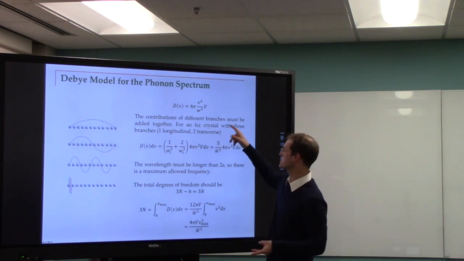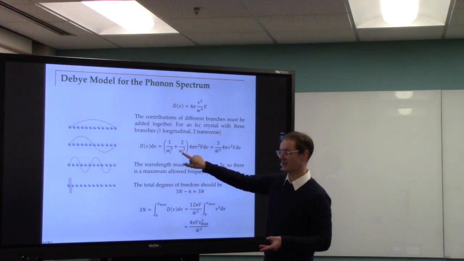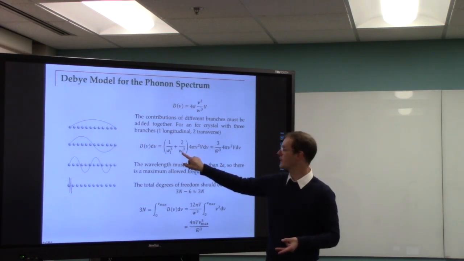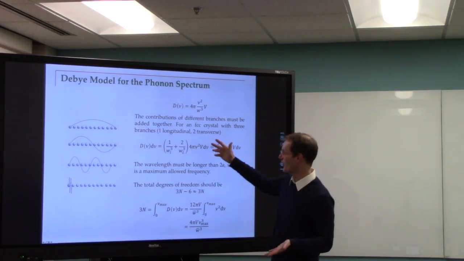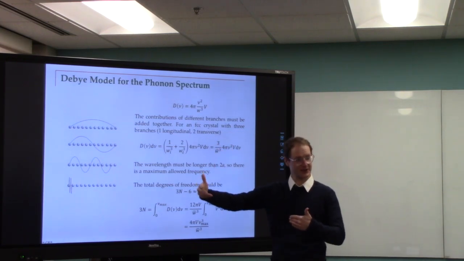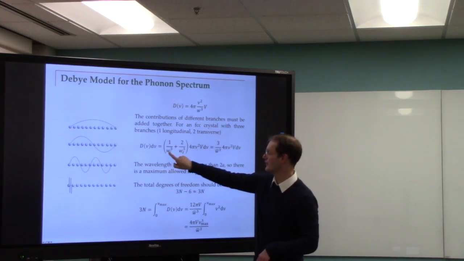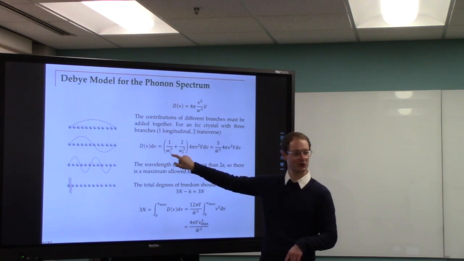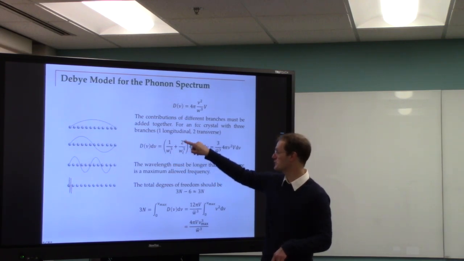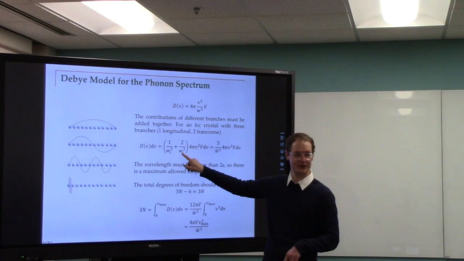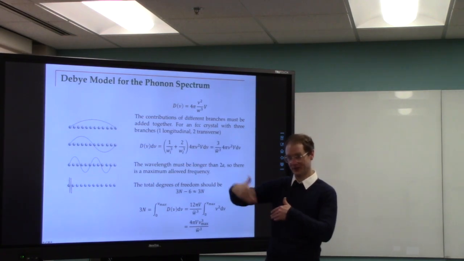And for the FCC crystal, the transverse branches were degenerate. And so if you add the 3 branches together, you get 1 over the speed of propagation for the longitudinal branch plus 2 times the propagation speed for the transverse branch, adding the 3 together.